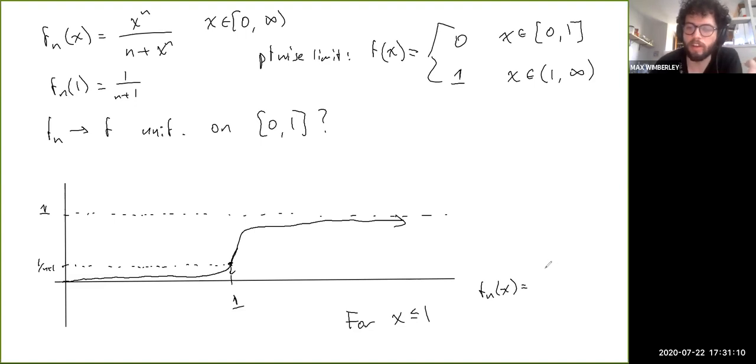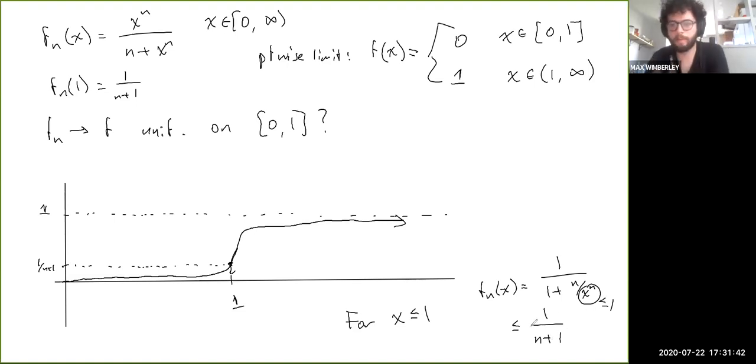Oh yeah, sorry, no, this is easy. We can just say fn of x is 1 over 1 plus n over x to the n, right? If x to the n is less than or equal to 1, then this overall thing is greater than or equal to n. So this overall expression is less than or equal to 1 over n plus 1, right?